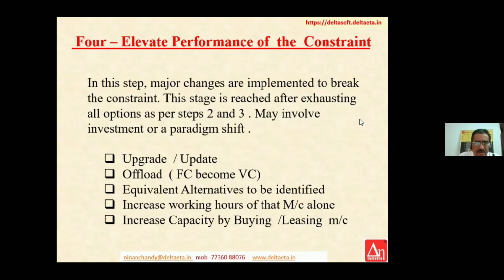This is what it means by upgrading the machine. It might require some investment. Second one is to offload the work coming to the constraint. You must have heard of the words hollow corporation or empty corporations of late. You try to make your fixed cost into variable cost.